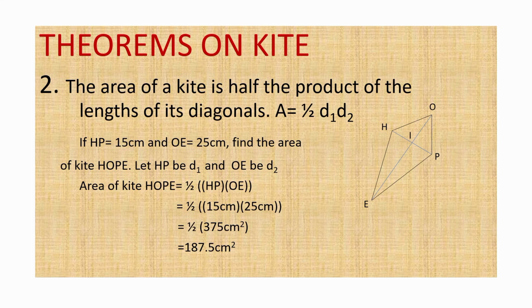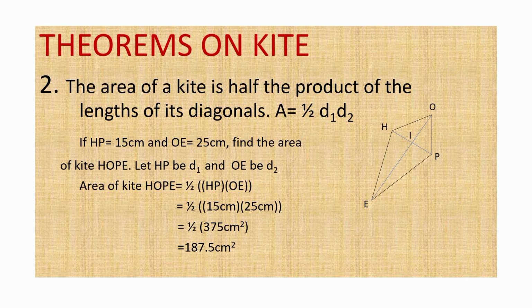We have here kite HOPE. If diagonal HP is 15 centimeters and diagonal OE is 25 centimeters, then find the area of kite HOPE. Now, let us consider that diagonal HP be our diagonal 1 and OE be our diagonal 2. To solve for the area of HOPE, we have here 1/2 times the product of HP and OE.